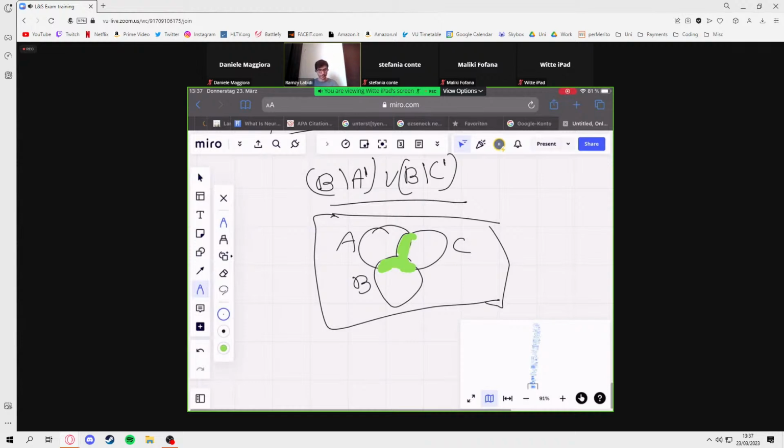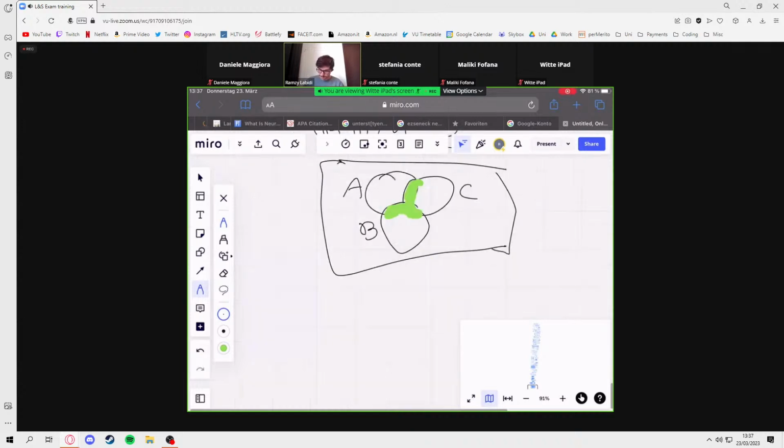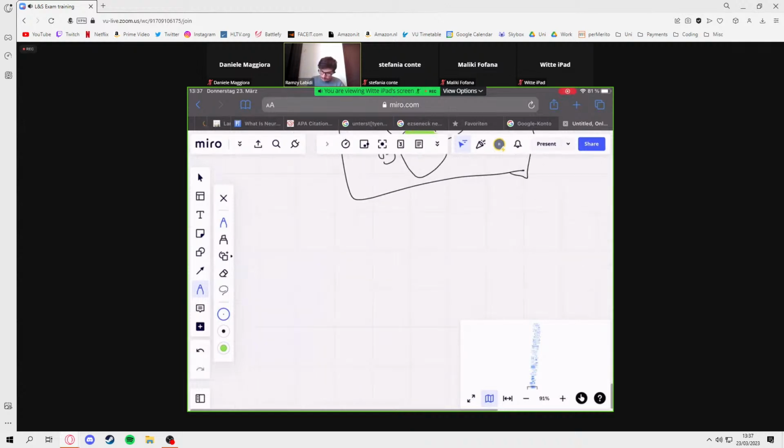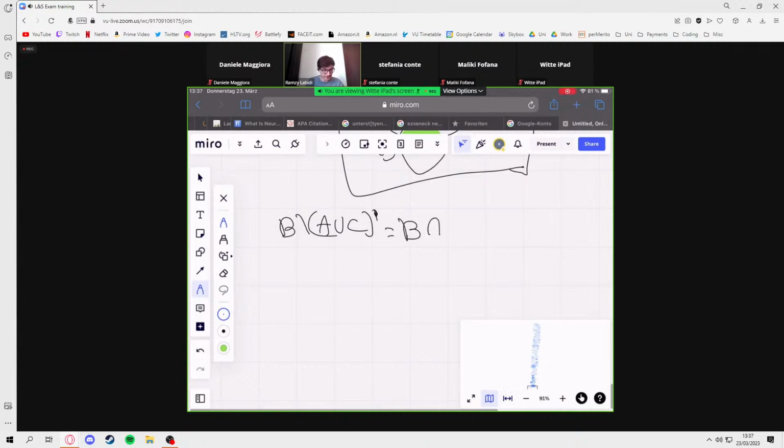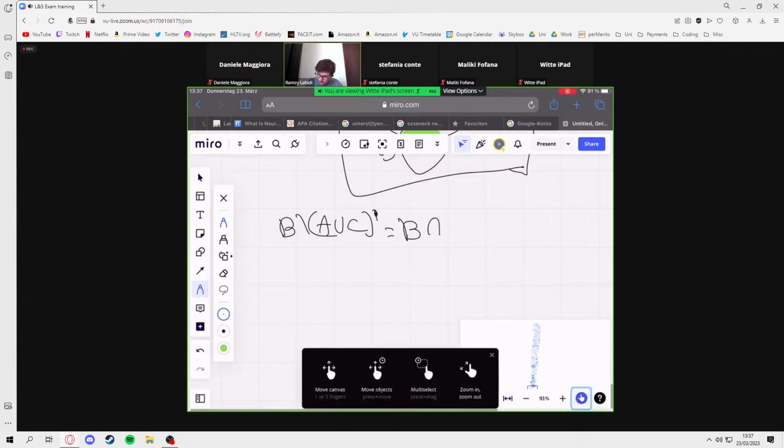And now take a look at the B question, which says prove the set theoretic equality displayed above. For that, we have to look at the definition. So we look at B excluding A union C. And now, by definition, we know that this means B intersection with the opposite of that, right?